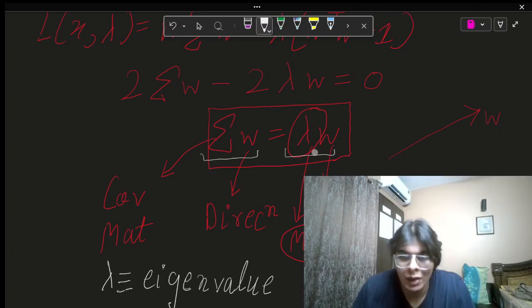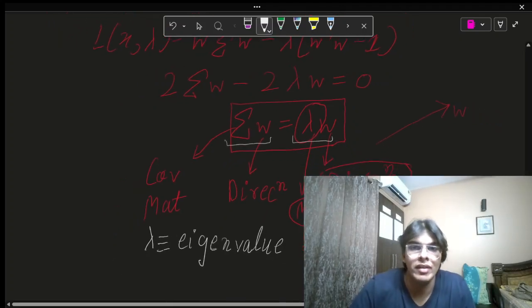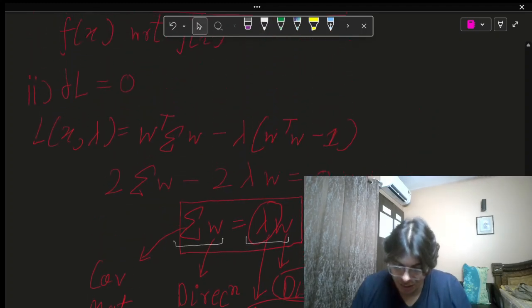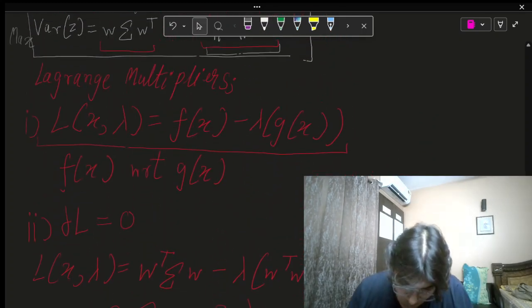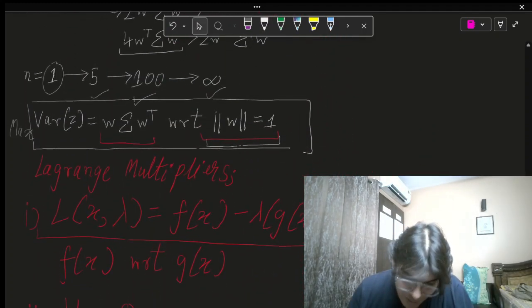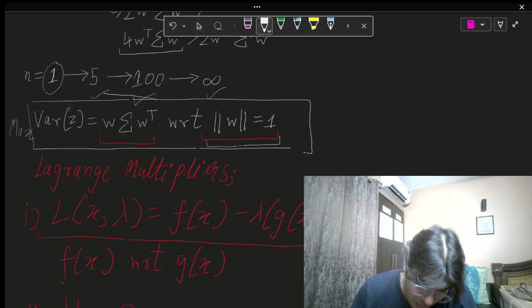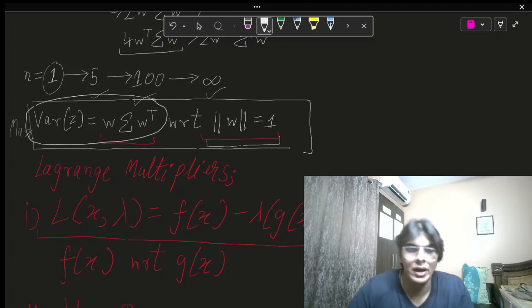Now take this value and input it back into the variance equation. The value of variance is what we wanted to maximize originally, so let's input the value of sigma w back into this equation.